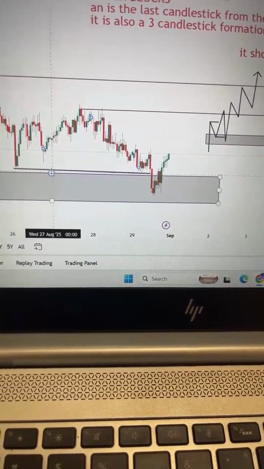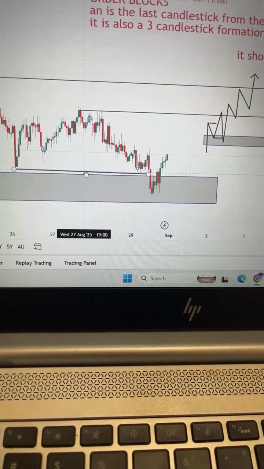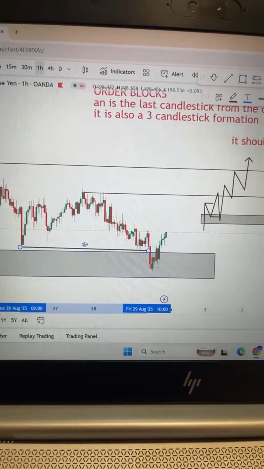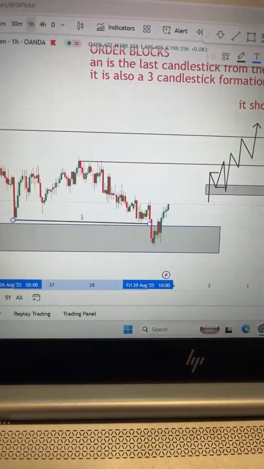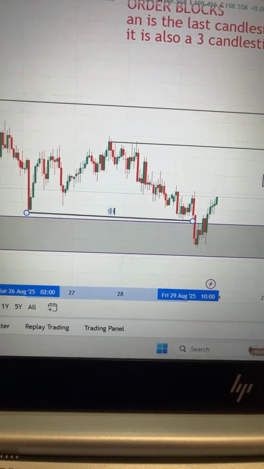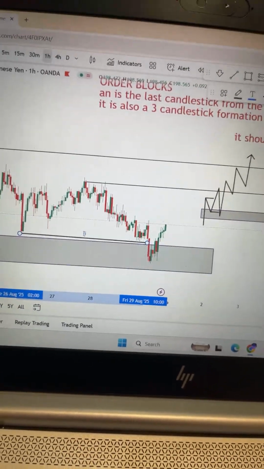Liquidity sweep, which is here. Let me write. Liquidity. So that is your liquidity sweep.